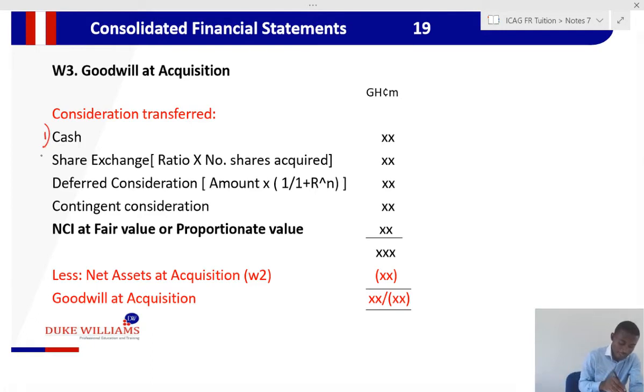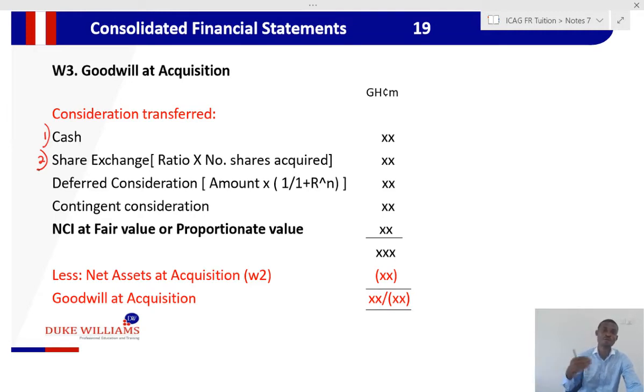We can have a share exchange. Often for a share exchange, the parent, which is entity A, instead of paying cash, will issue its own shares to the subsidiary as a means of payment. So you are looking at more like a barter trade. Entity A is paying shares to acquire shares, so we say it's a share exchange.